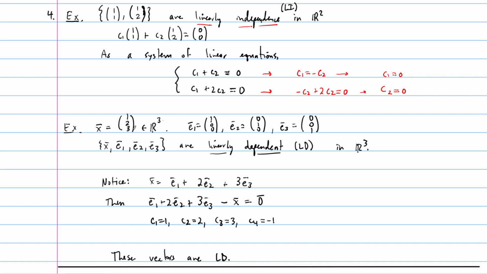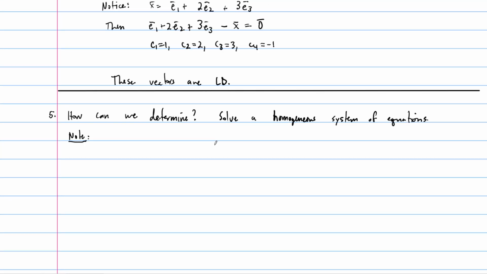So in this case, when the system is underdetermined like that, then there's always going to be non-trivial solutions, and therefore whenever there are more vectors than the number of entries in these numerical vector spaces, then we're always going to be able to say that these must be linearly dependent because they're going to form an underdetermined system which will always have non-trivial solutions.